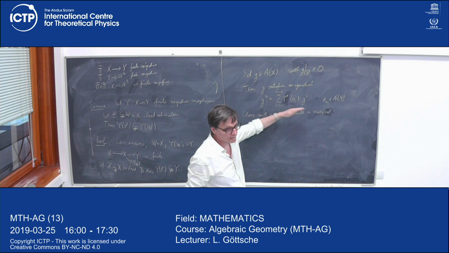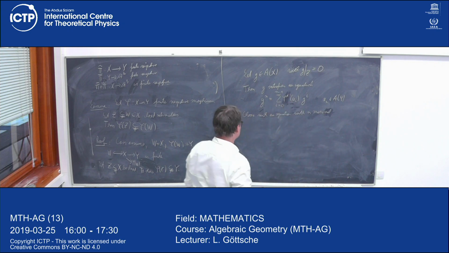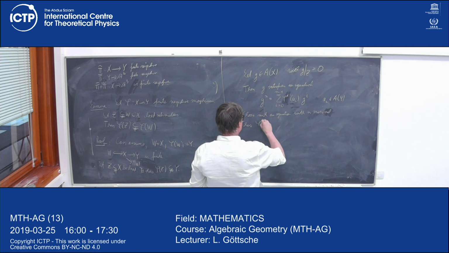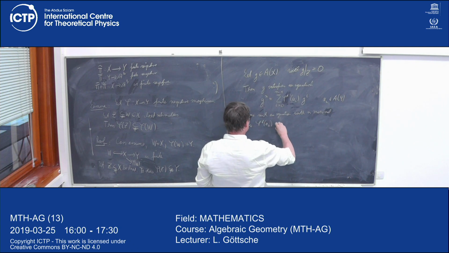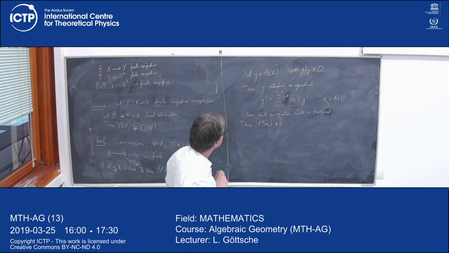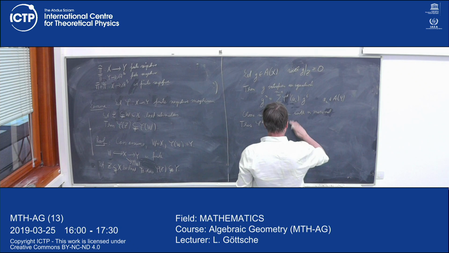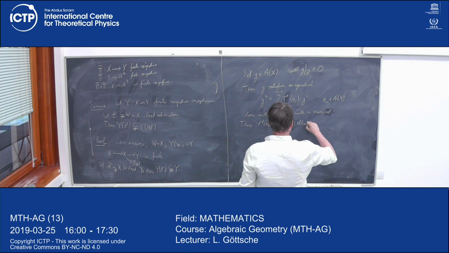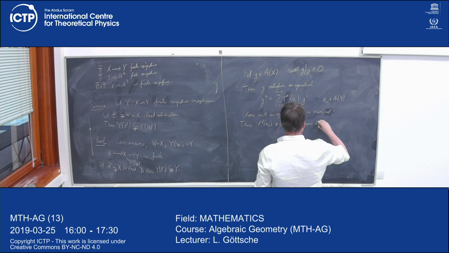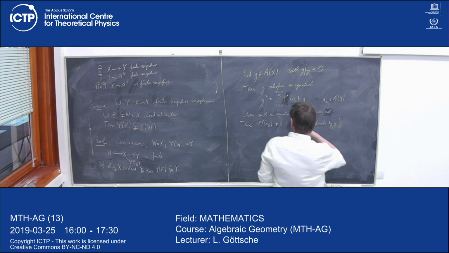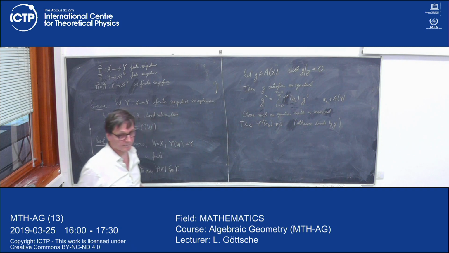Then G to the n minus 1 will satisfy such an equation. So phi star of A0 is different from 0. Otherwise, divide, which contradicts the minimality of this power.